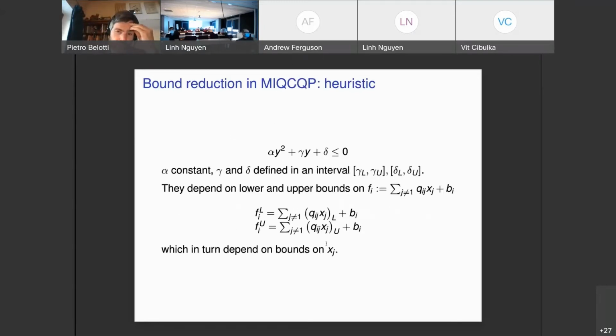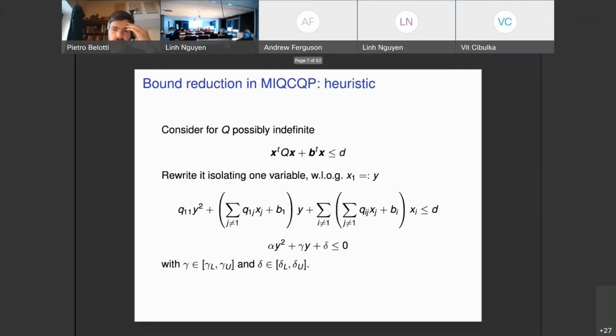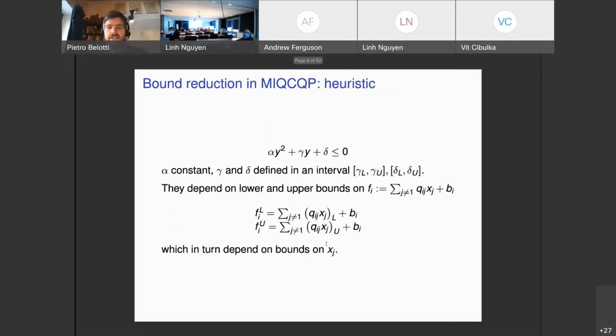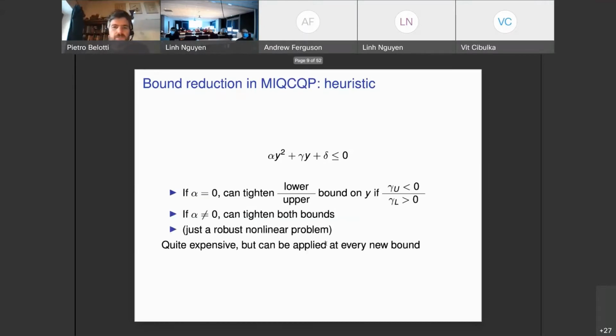So it could be seen as an exercise to find out how you can tighten the bounds on y square, and it's just a matter of finding out where to find the minimum of that expression, depending on the coefficients themselves.